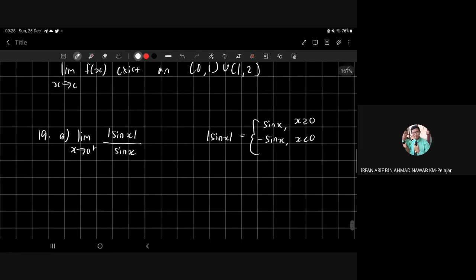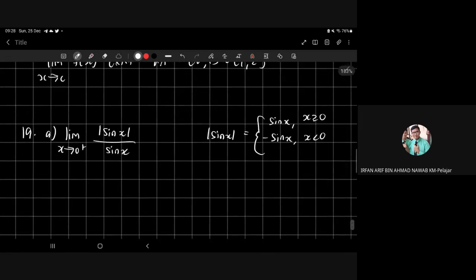Since 0 is approached from the right, we take this particular value. So as x approaches 0 from the right, sine of x over sine of x should get 1. We know a constant will not change anything, and therefore our limit is equal to 1.